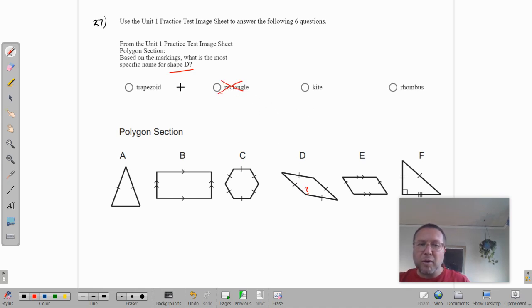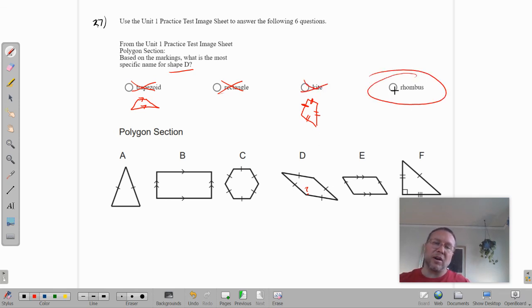A trapezoid has one pair of parallel sides, like the top and bottom are parallel. There are no parallel line marks here, so I can't say that's a trapezoid. A kite has adjacent sides that are congruent, like these sides are congruent and then these sides are congruent. But this is saying that all four sides are congruent. If all four sides are congruent, that's our definition for a rhombus.